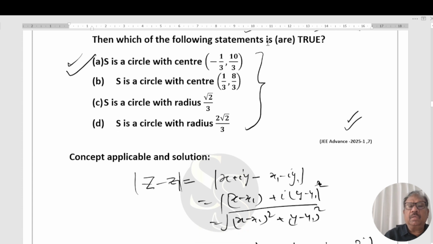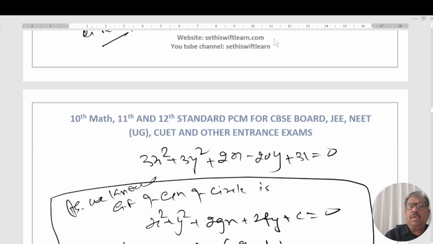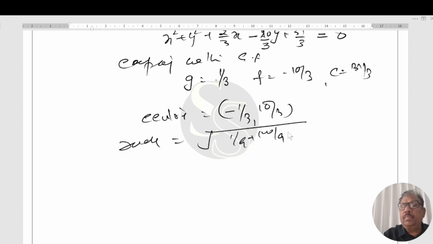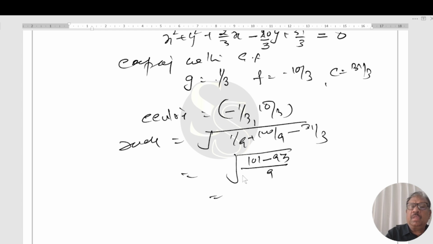And now find the radius. Radius is under root g square plus f square minus c, that is under root 1 by 9 plus 100 by 9 minus 31 by 3, that is 101 minus 93 upon 9 under root.